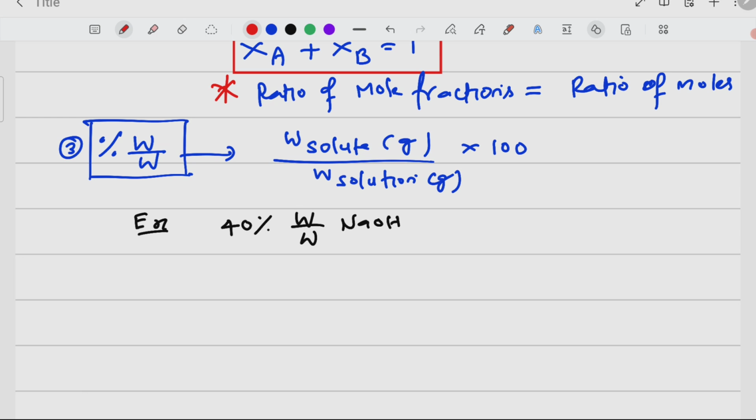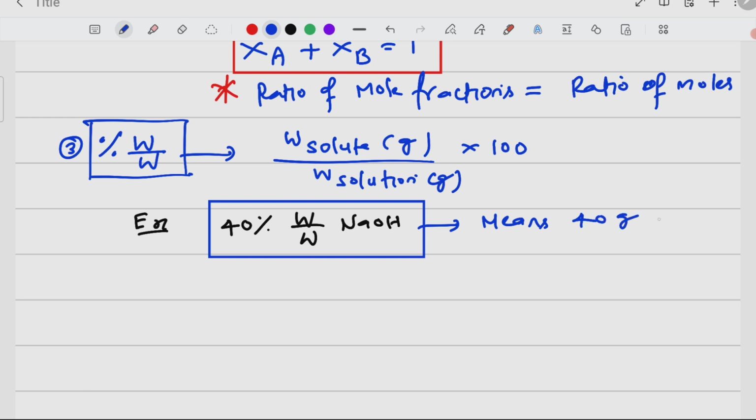Meaning, how do we need to interpret it? The 40% weight by weight NaOH means 40 grams of NaOH present in 100 grams of solution.